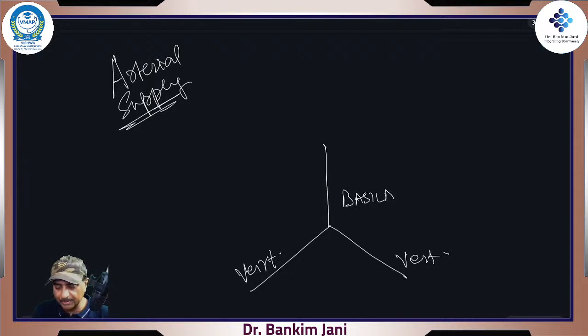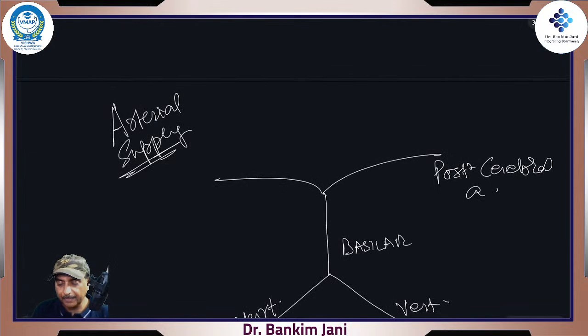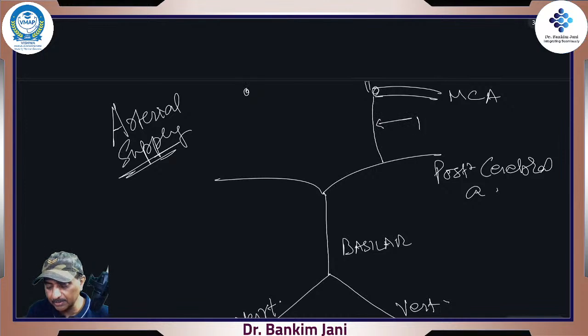This basilar would split into the posterior cerebral artery, and then on top we have the internal carotid. The internal carotid will have the middle cerebral artery, and then the anterior cerebral artery will go up. There is one more branch which will be connecting over here. We are interested in this branch. This is the posterior communicating artery.